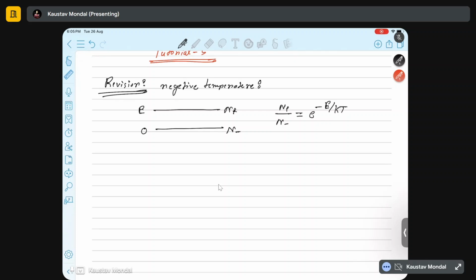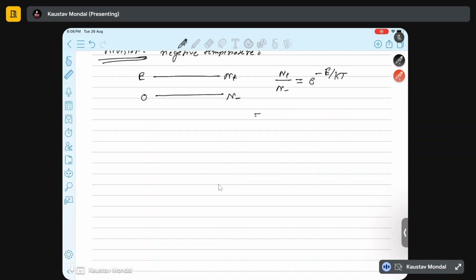Now if you do a little bit of mathematics here, then you can write the temperature in terms of energy: T equals E by K divided by ln of n minus by n plus. As you can see, this energy cannot be negative, it should be positive.